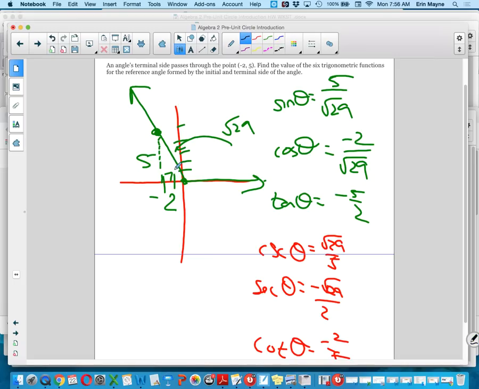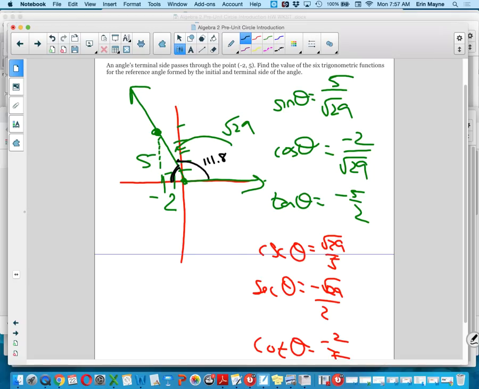Now watch this, and this might make sense right now, it might not. Don't panic if it doesn't, we'll deal with it more tomorrow. But if I take the inverse of that, I get 111 degrees. So you might be like, wait a second, isn't this the angle that we're finding? The answer is yes.